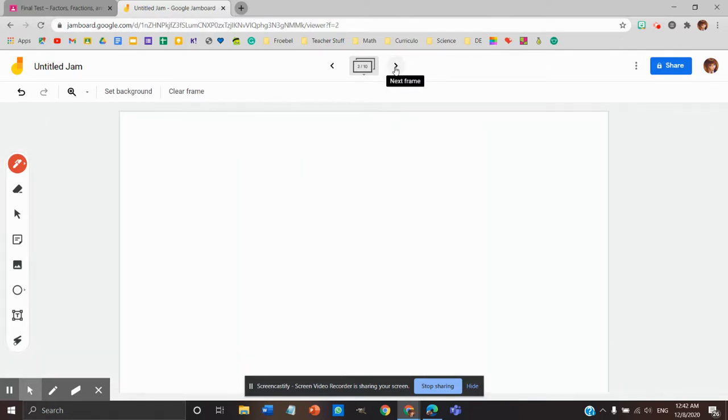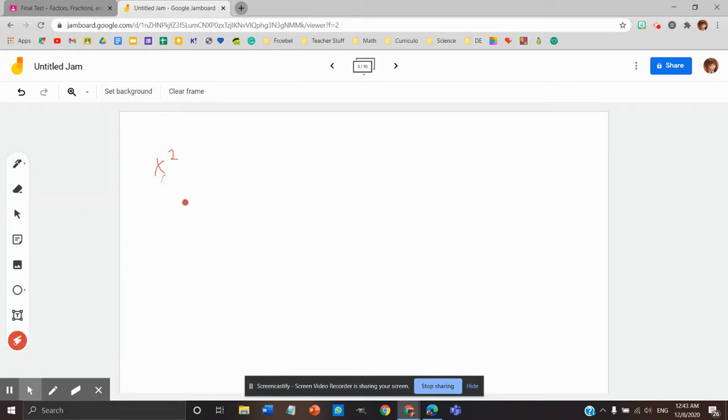Now let's go to part 3. It says find the product and simplify. Here, we have been talking about what an exponent is, and we know that an exponent has two parts, right? Let me see if I can use my laser pointer.